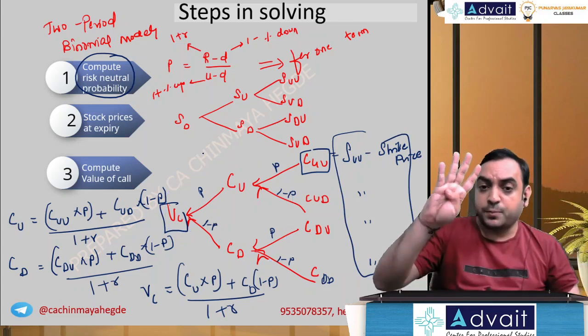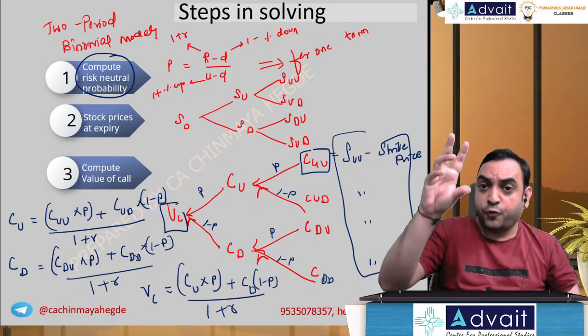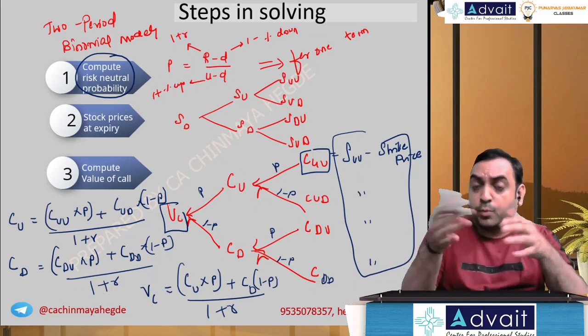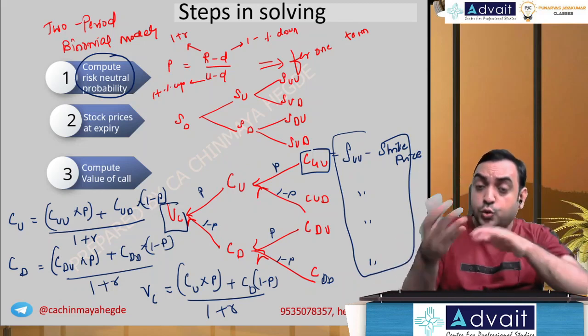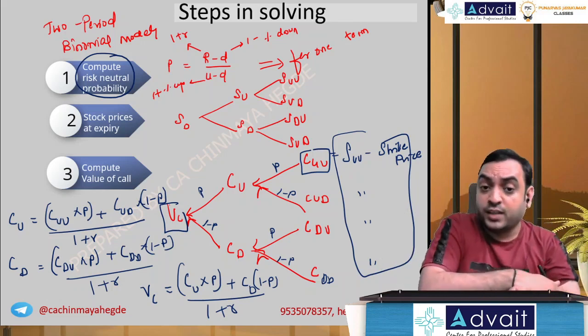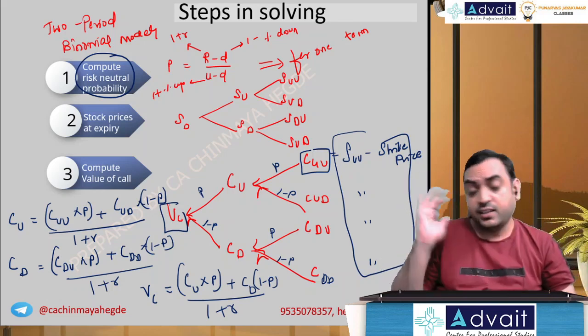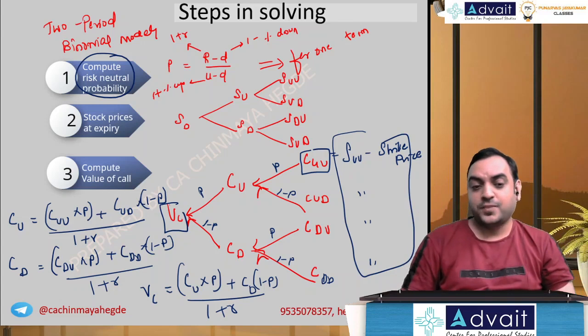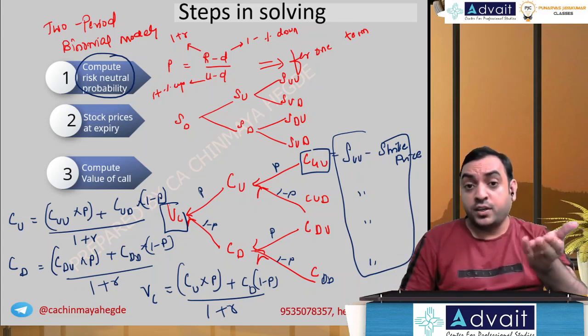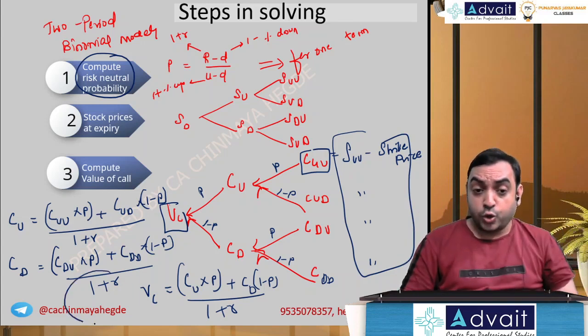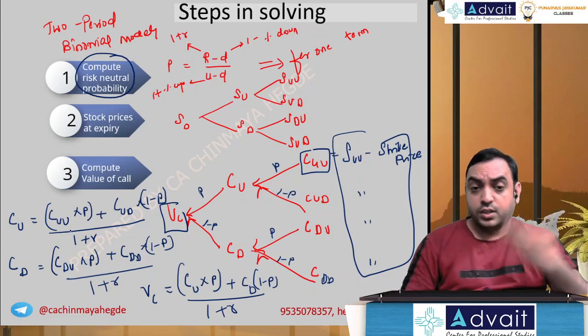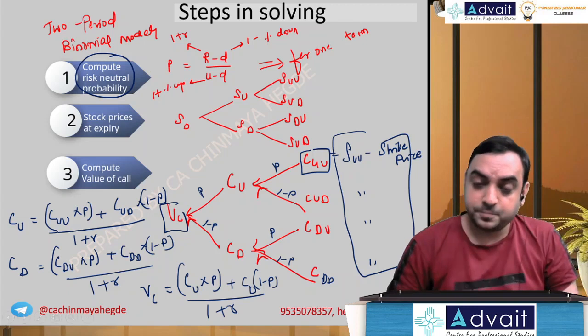From the 4 market prices, we get 4 intrinsic values. Then we make the 4 into 2 by applying probability and discounting. Then these 2 are further made into 1 by applying probability and the discounting factor 1 plus R, the rate of interest. If it is continuous compounding, I will not do 1 plus R, I will do e power RT.